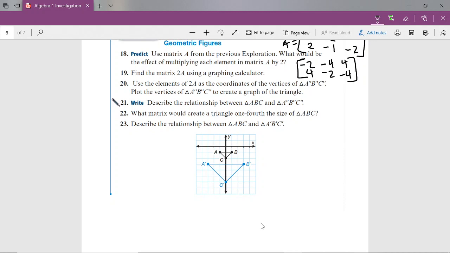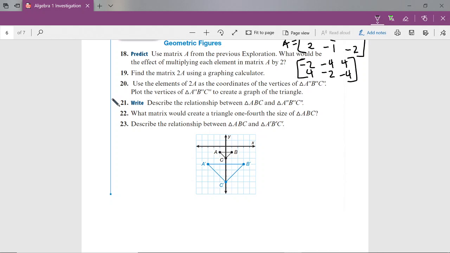What matrix would create a triangle 1/4 the size of triangle ABC? So in this one, what we're trying to say is if I want a triangle 1/4 the size of ABC, actually, sorry, we're not referring to this one right here for number 22. We are just saying in general, how would we do this? Well, this is scalar multiplication. So I would say in this case, and let me just check myself here to make sure that this is what they're looking for.